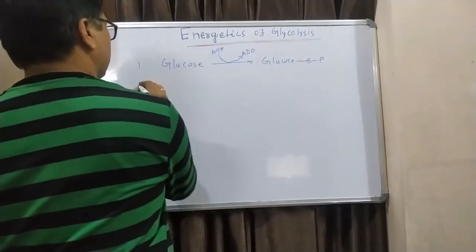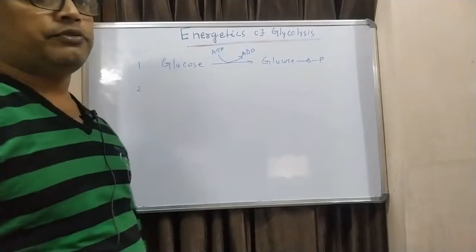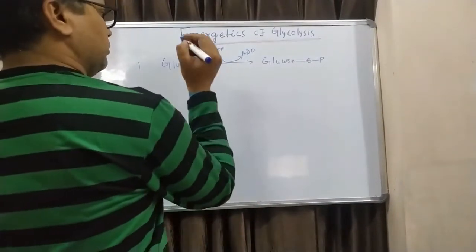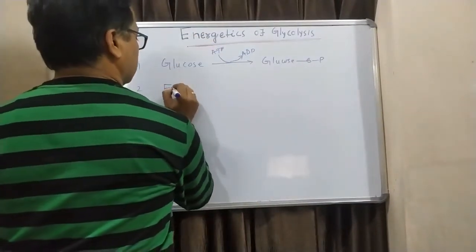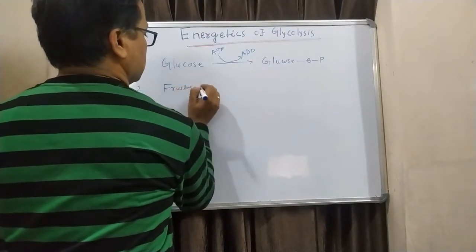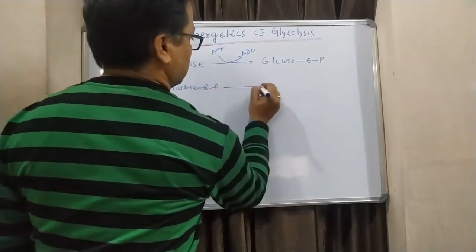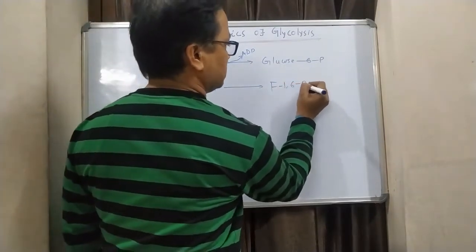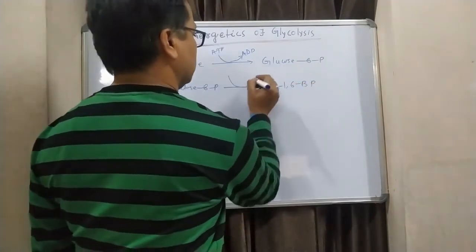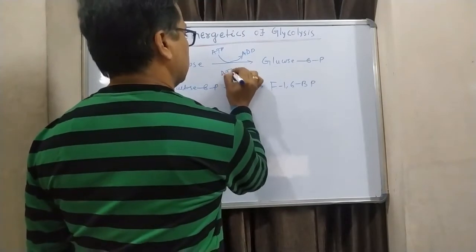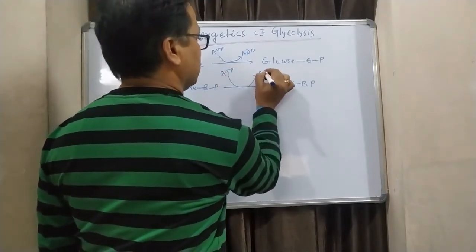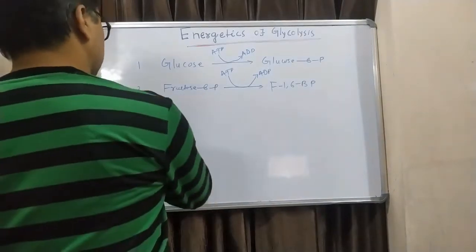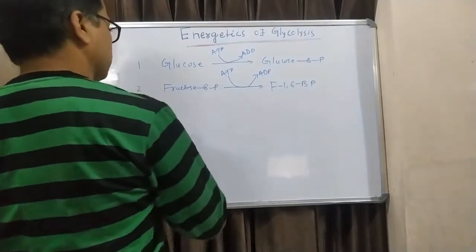The second step is where fructose 6-phosphate is converted to fructose 1,6-bisphosphate. There also ATP was used and ADP was produced.